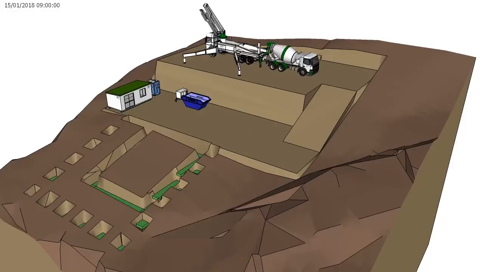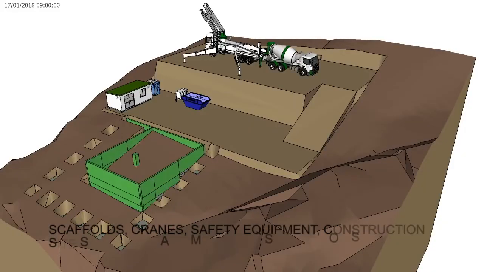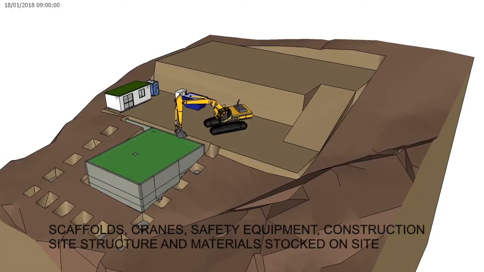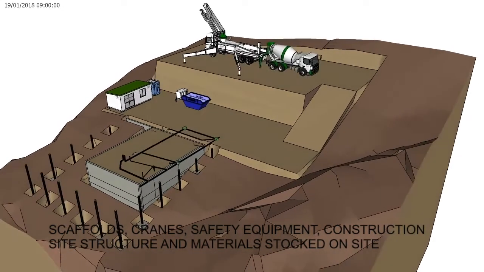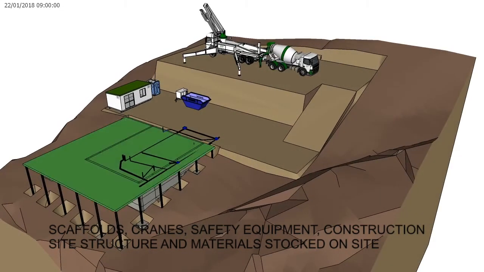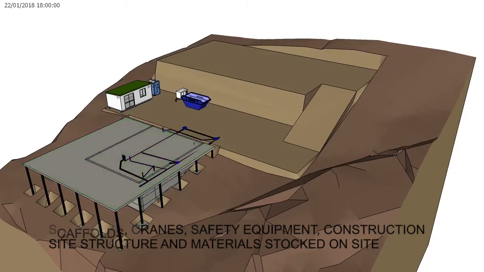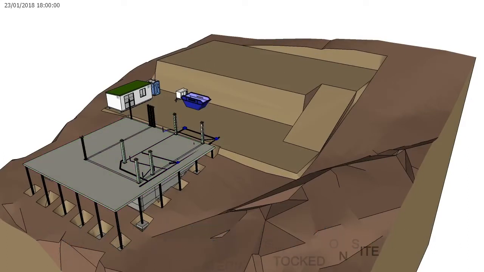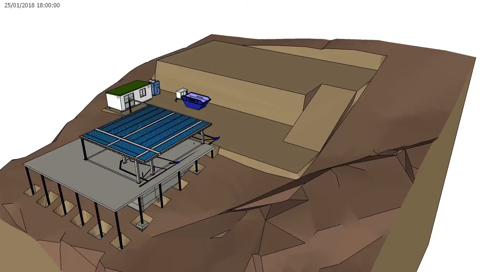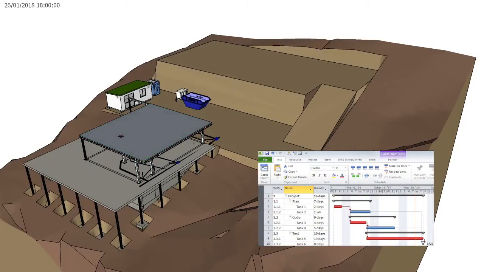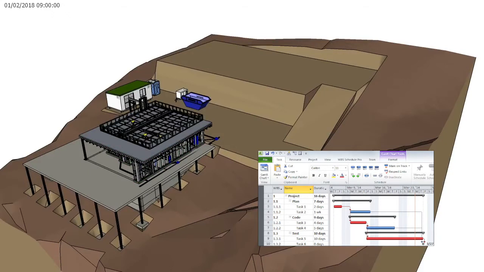In medium and large construction, it's common to show scaffolds, cranes, safety equipment, construction site structure, and materials stocked under each period of the construction. When we have the construction planning done in MS Project, Primavera, or Asta Power Project, it's possible to synchronize the 3D model with those files.